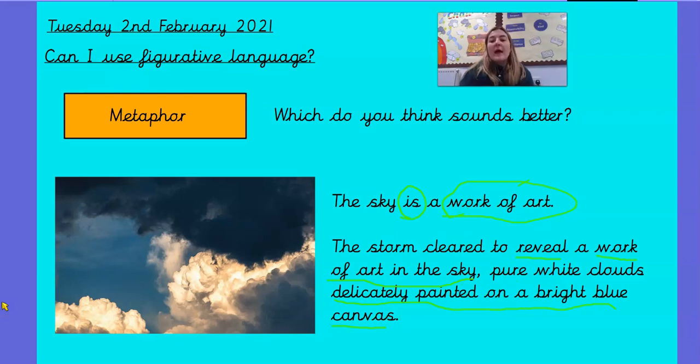So for your activity, there is going to be a worksheet. And on this worksheet, there will be sentences describing something. And I want you to change that sentence so that you're providing a lovely description of something, of a situation or of a sight that someone is seeing in a book.